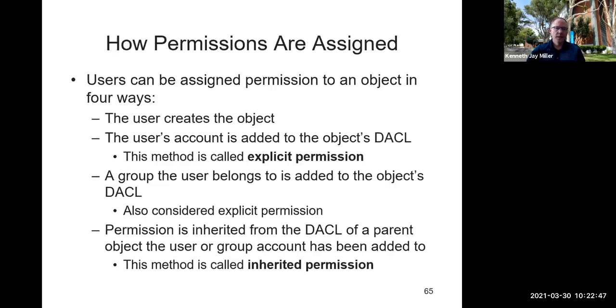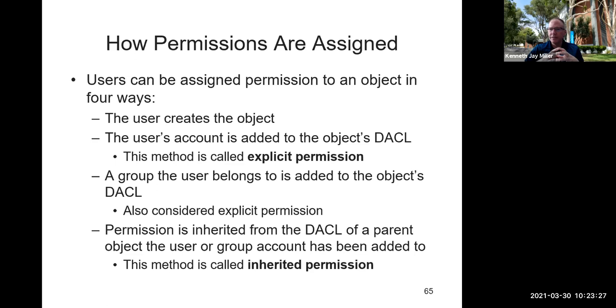All right. Now, users can be assigned permissions in four ways. One, if they create the object, they're the owner. If the user account is added to the discretionary access control list, that's known as explicit permission. Or if the group the user belongs to is added to the DACL, that's also considered explicit permission. Or if the permission is inherited from the DACL of a parent object to the object underneath it, that's known as inherited permission.